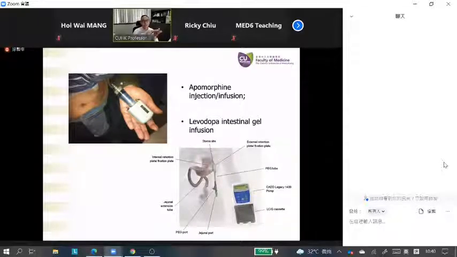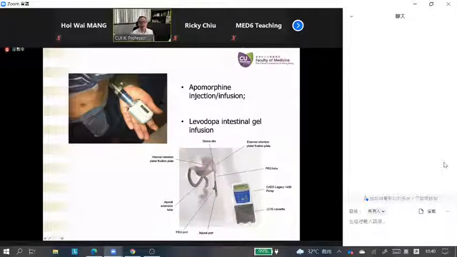If the patient suddenly develops off in the street, outdoors, then this apomorphine injection is a rescue injection. The caregiver can give a subcutaneous injection of apomorphine and wait, say, 10 minutes, and the patient will wake up and can move, and the effect lasts for, say, an hour. So we have an hour for the patient to go back home.